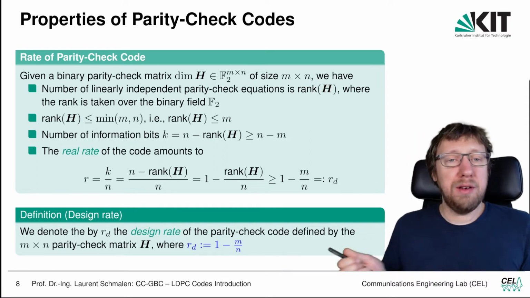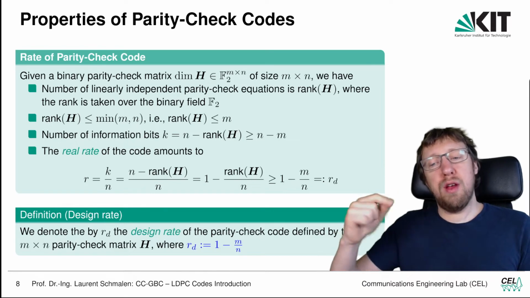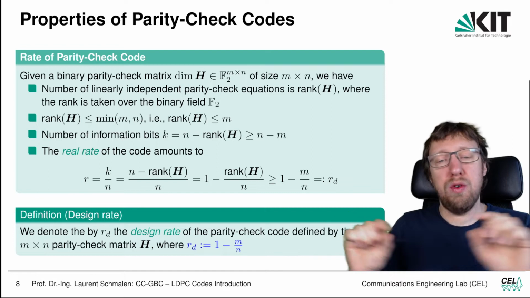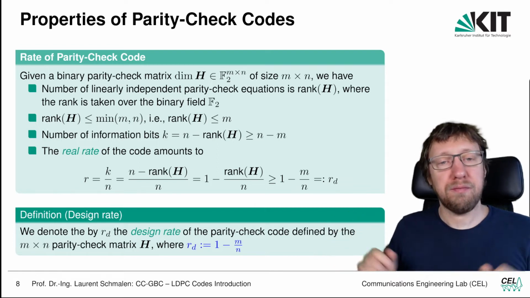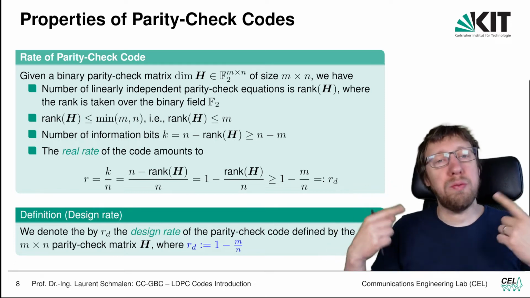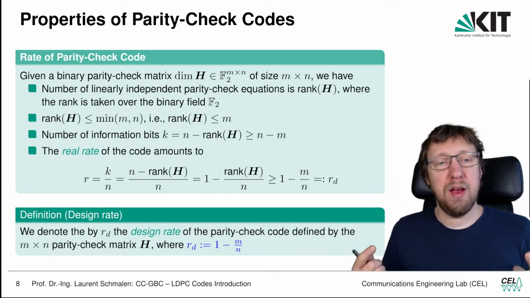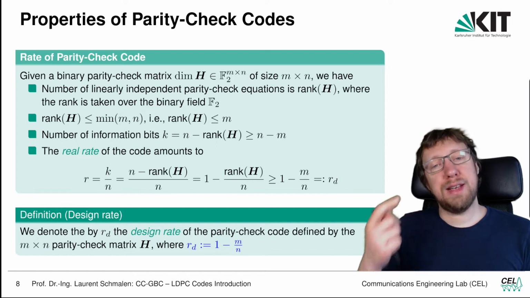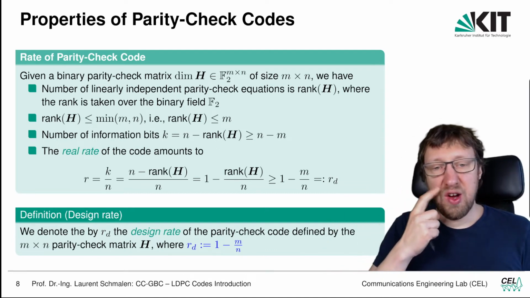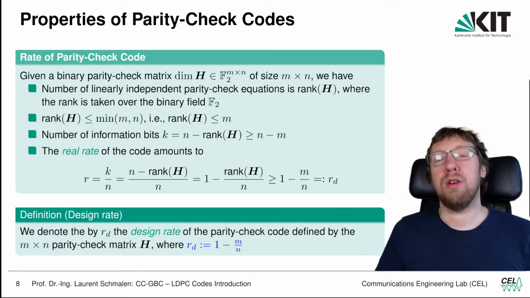Because of this random construction, it may happen that two rows are the same, or one row is the sum of two other rows. If two rows are the same, they will not contribute anything to the code, because the code is essentially the set of all x that are orthogonal to H, or belong to the kernel of H.